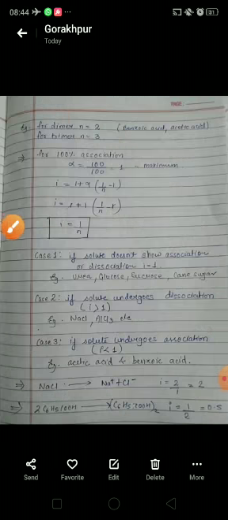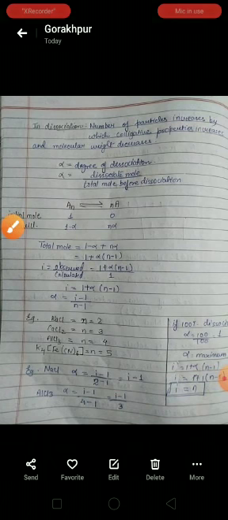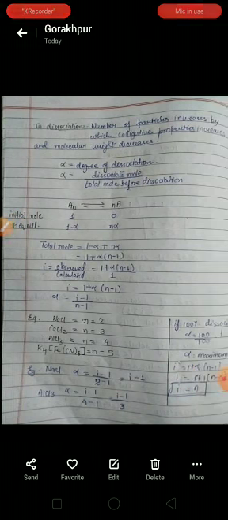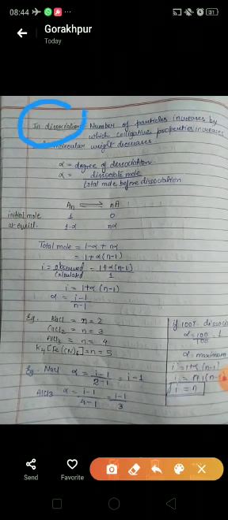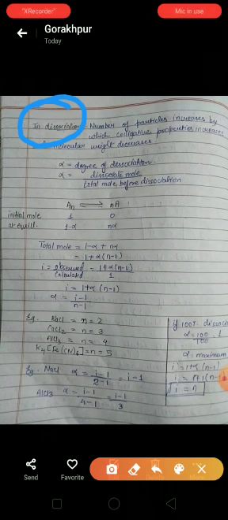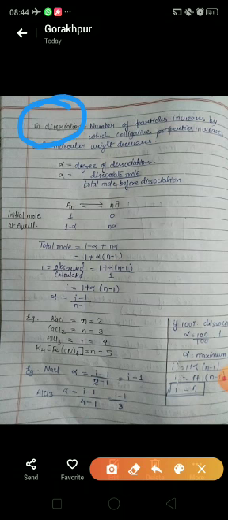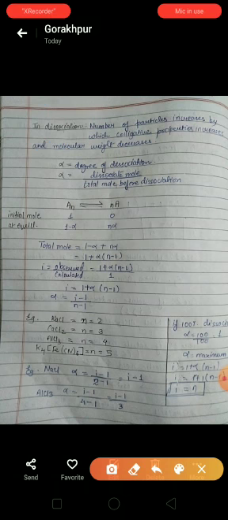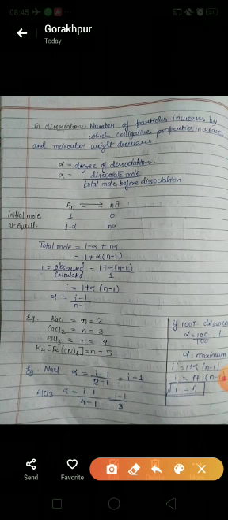Similarly, we have to study the case of dissociation. If a relationship is asked between degree of dissociation and Van 't Hoff factor, then what becomes? Number of particles increases, by which colligative property increases and molecular weight decreases. Let us take an example.